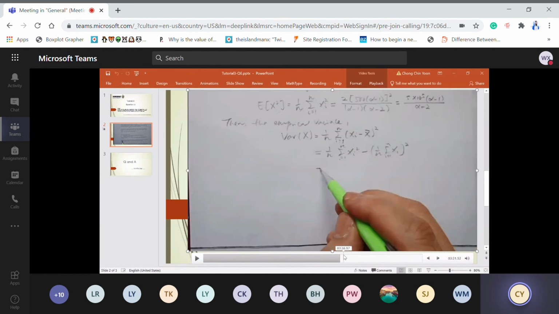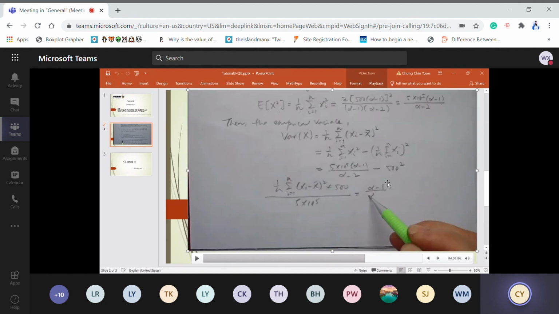Now, after this, you rearrange this variance in terms of the second raw moment minus the first raw moment square, and later you substitute inside, then you can see something. Now from here you try to rearrange in terms of alpha minus 1 divided by alpha minus 2.